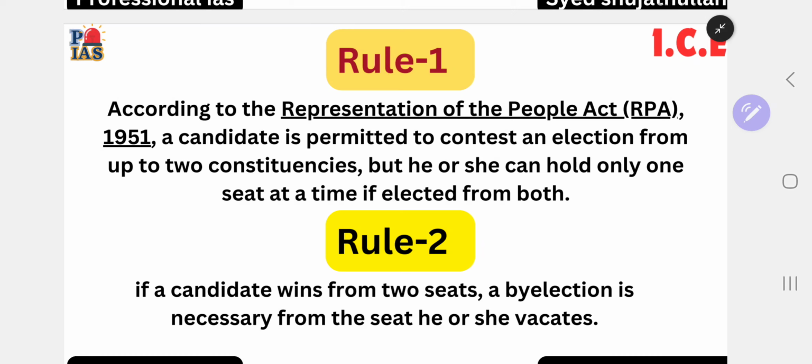Let us now discuss rule number 1. According to the Representation of People Act 1951, why has this act come into being? Because in our constitution there is nothing with regard to the conditions or qualifications a candidate should possess if they want to contest, whether it is assembly elections or Lok Sabha elections. Neither age nor educational qualifications are given.